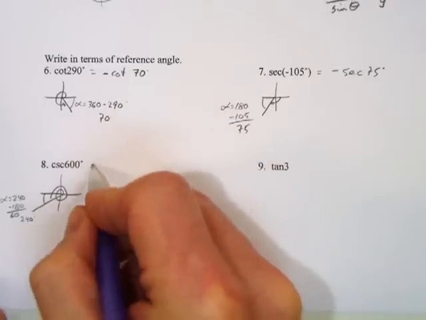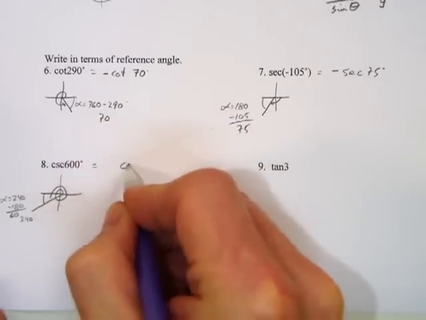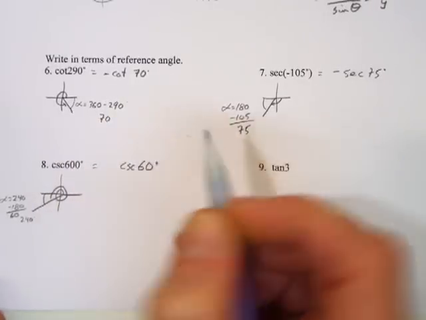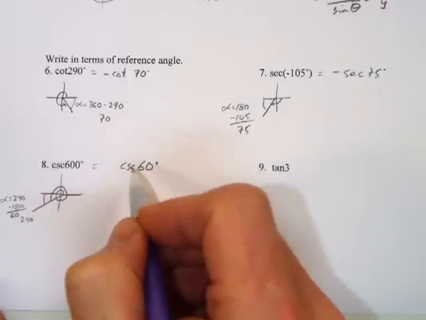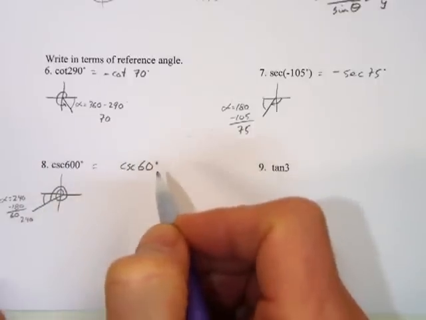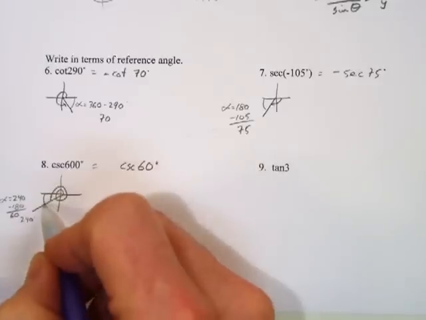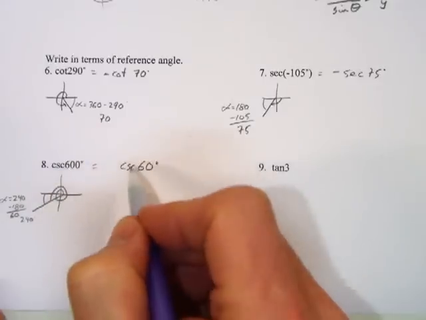So we will write cosecant 60 degrees. Now, in the third quadrant, what is cosecant? Well, cosecant is 1 over sine. In the third quadrant, sine is negative. So 1 over a negative is negative.